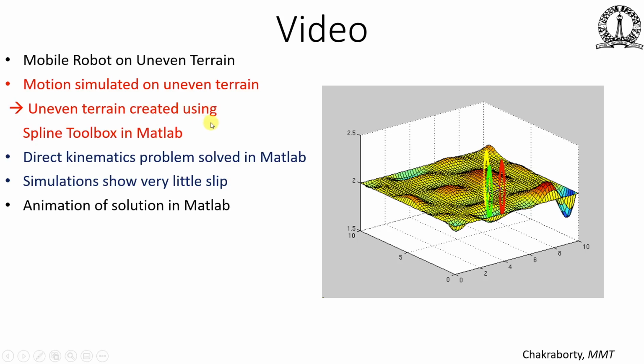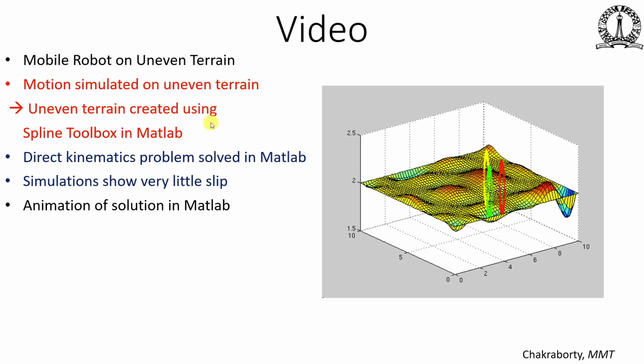The uneven terrains were generated using spline toolbox in MATLAB. We solved the direct kinematics equations, which was discussed previously. We integrated the first order ODEs and found all the 15 variables, wheel ground contact point, and also how the thetas and the top platform moved.